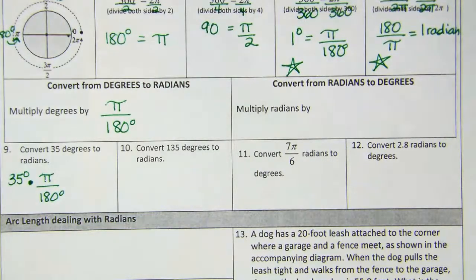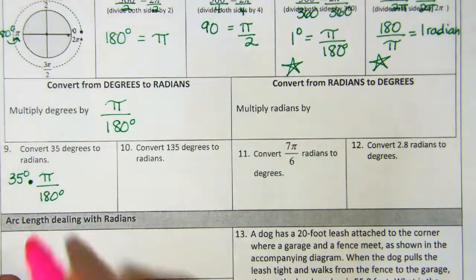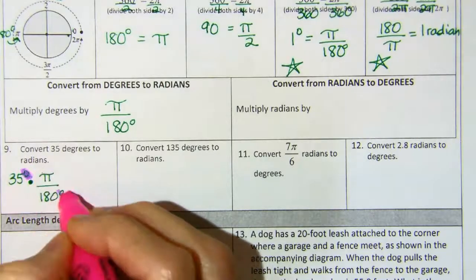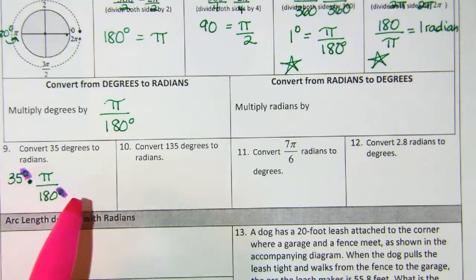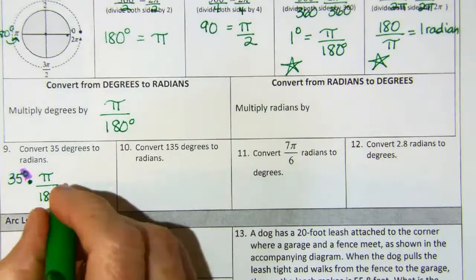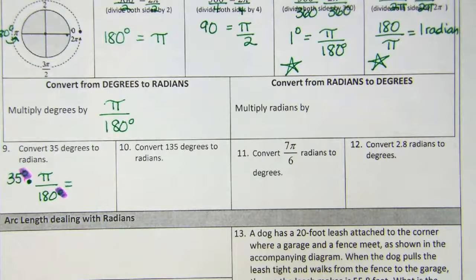Now, how are you going to remember pi over 180? Well, remember that we always want units to cancel out diagonally. For those to cancel out diagonally, they need to be across from each other, diagonal. Then we can just simply multiply straight across.